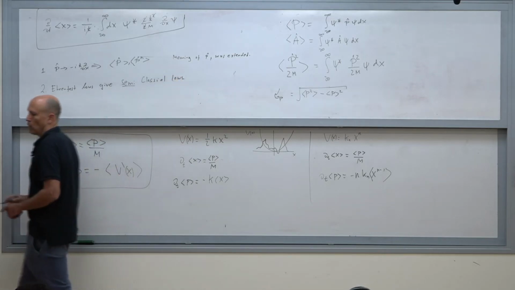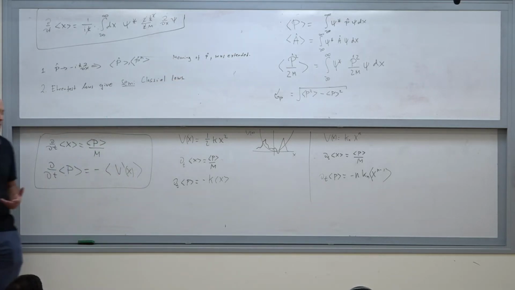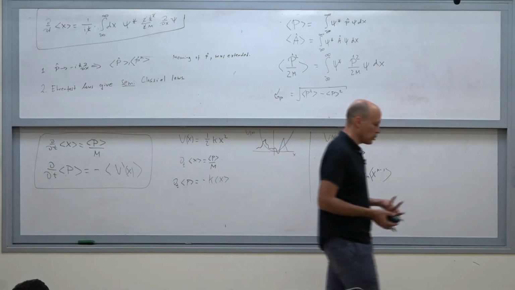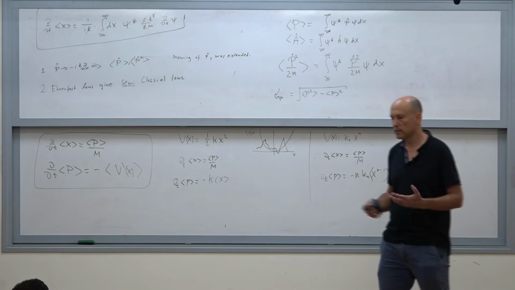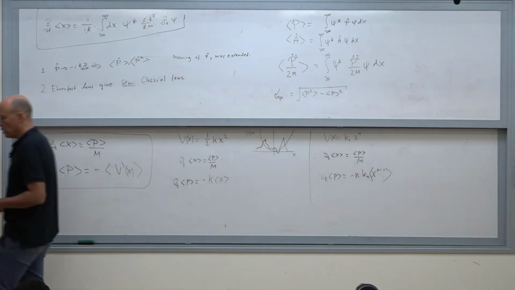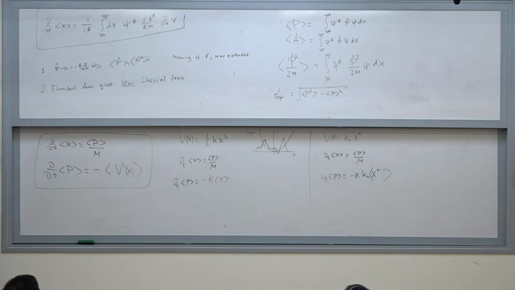So on average, at least in linear systems, you are just doing what the classical is expecting. So quantum mechanics is, let us calculate the fluctuations, the variability, which is very important in small systems.